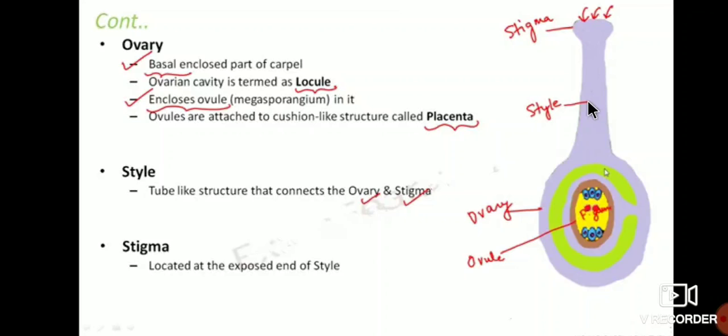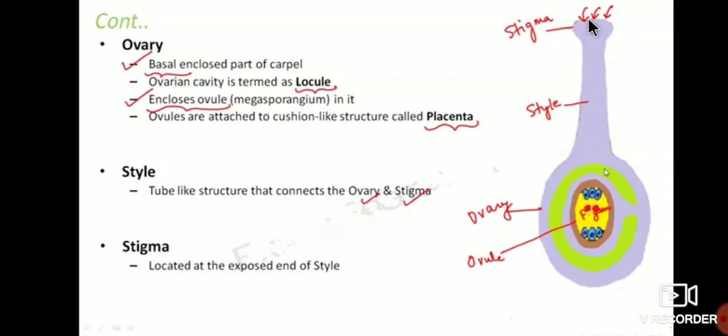When you take that China rose flower and dissect each part very carefully, you get each and every fine part of both male and female reproductive organs of the flower. This style is tube-like structure that connects the ovary and stigma. And then stigma is located at the exposed end of the style.